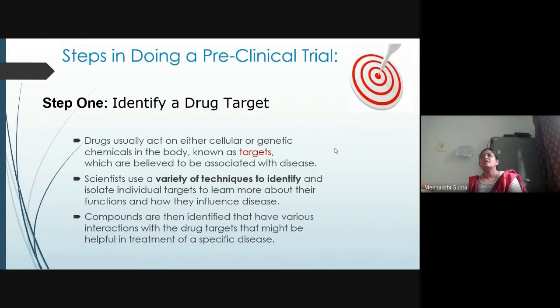Say a particular gene responsible for producing a particular enzyme is absent. Then what will happen? Because of the gene deficiency, that enzyme will not be produced in the lysosome.